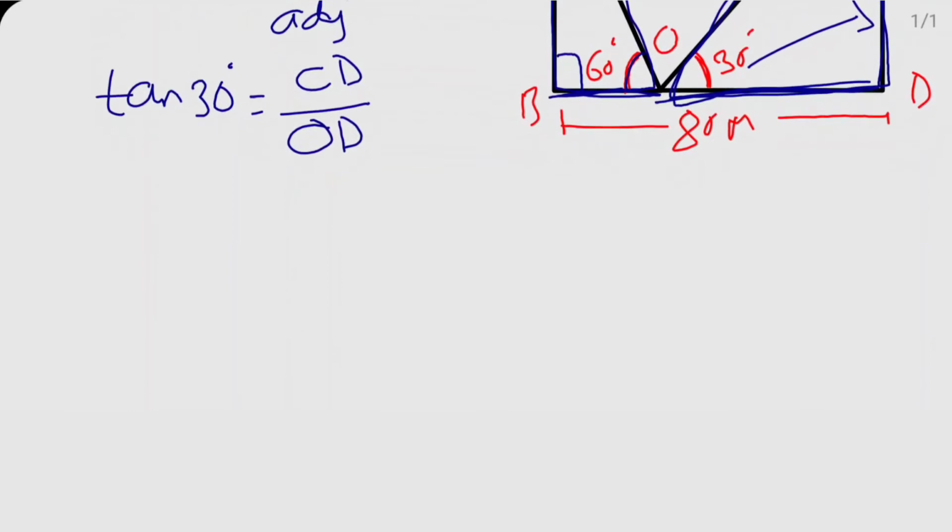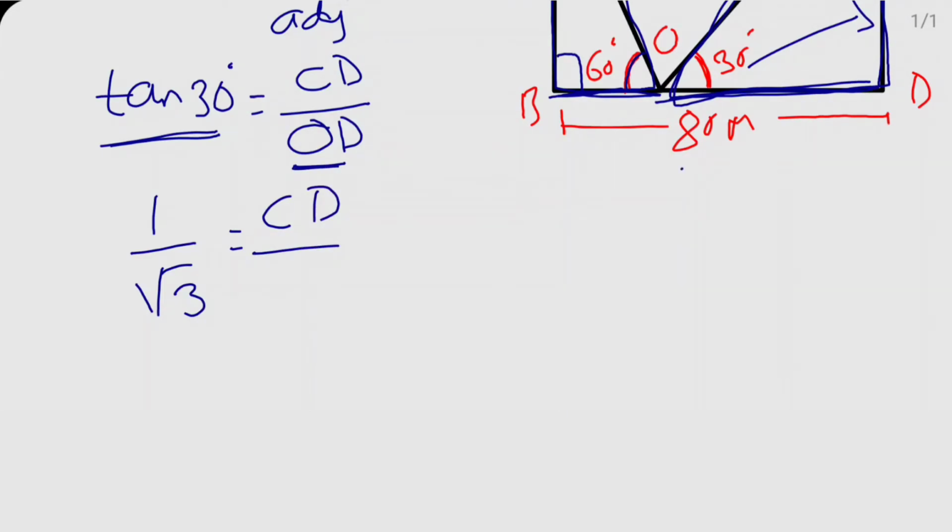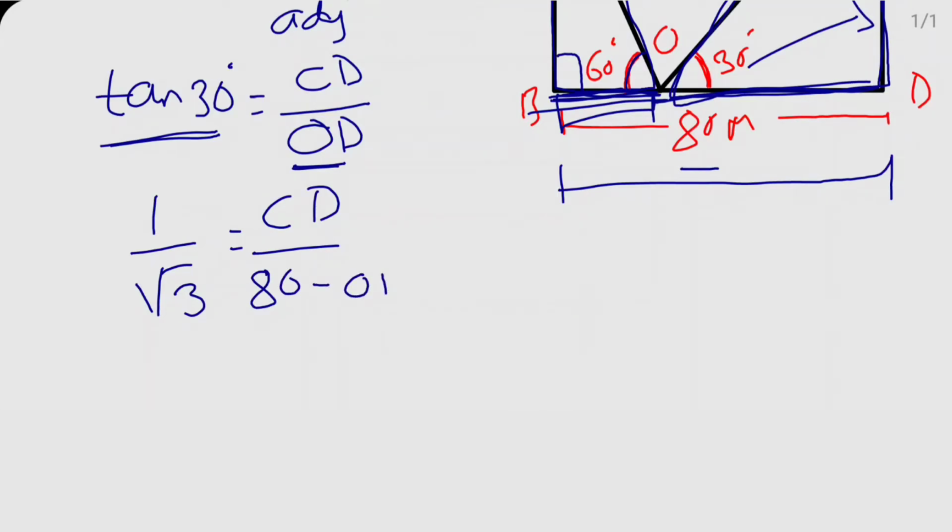So now here we know the value of tan 30, that is 1 by root 3, equal to CD by OD. We can write 80 minus OB, because BD is 80. So 80 minus OB is OD, right? So here we can write 80 minus OB.